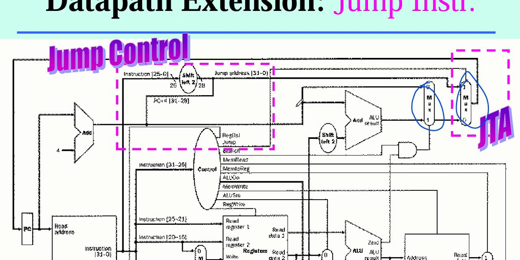First, this one is just PC plus 4. Now, if we are supposed to do jump, this will not pick PC plus 4; we rather pick the sign-extended evaluated jump target address, and it will go back.